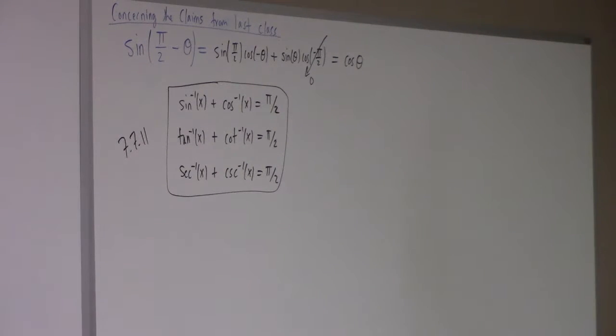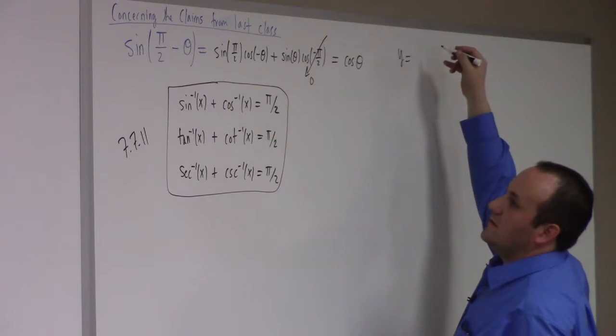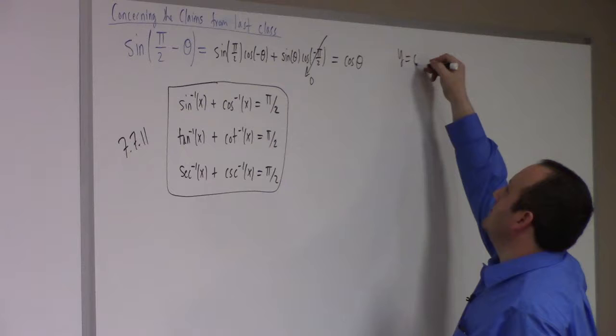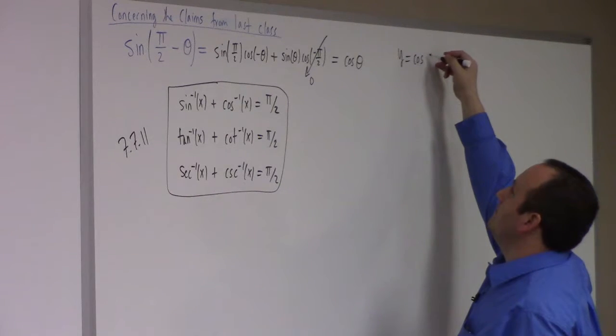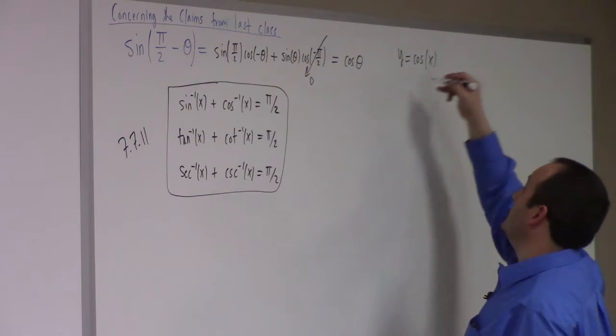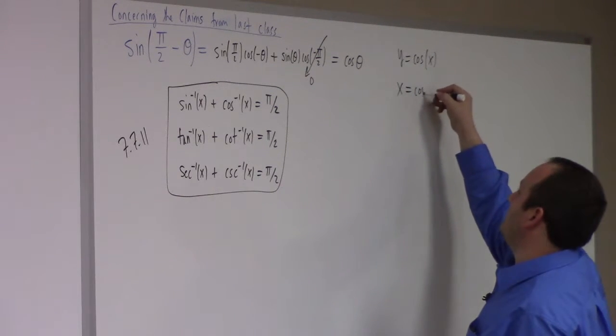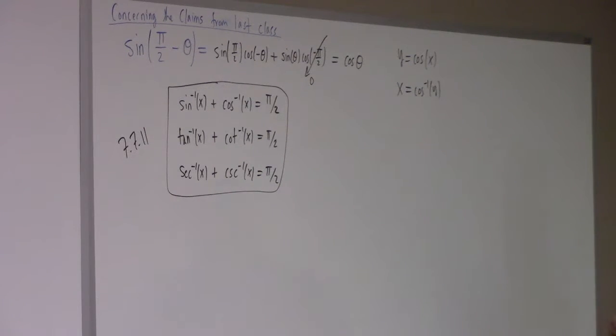Okay. So let me derive these. So y equals cosine of x, let's say. So that means x is equal to what? Cosine inverse of y. But what else can we say? Oh, I think I've got it backwards. I'm sorry. I'm trying to follow the book and use his letters.